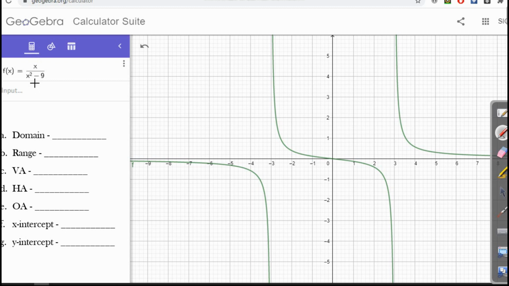And for us to be able to find the properties of this, let us analyze the graph provided. So as we can see here for the domain, the graphs did not pass through -3 and +3. Therefore, we could write here the set of x such that x is not equal to -3 and not equal to +3.